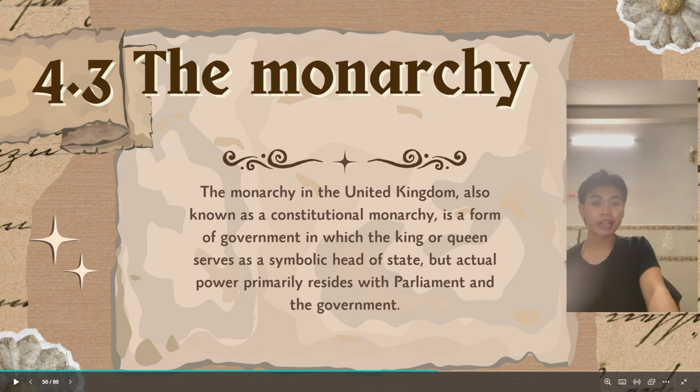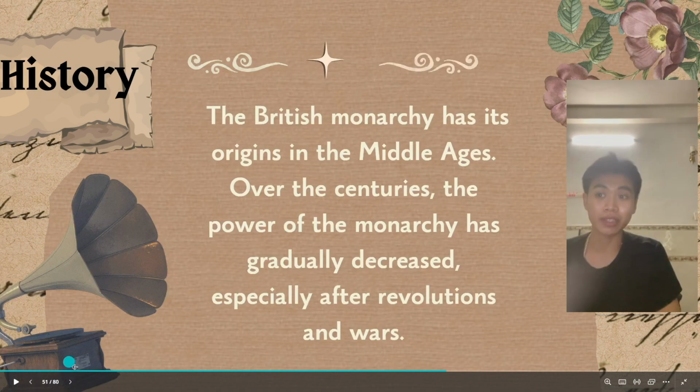About history, the British monarchy has its origins in the Middle Ages. Over centuries, the power of the monarchy has steadily decreased, especially after revolutions and wars.